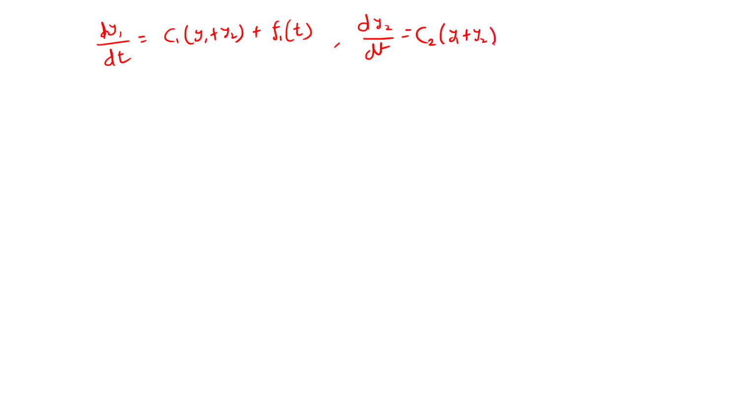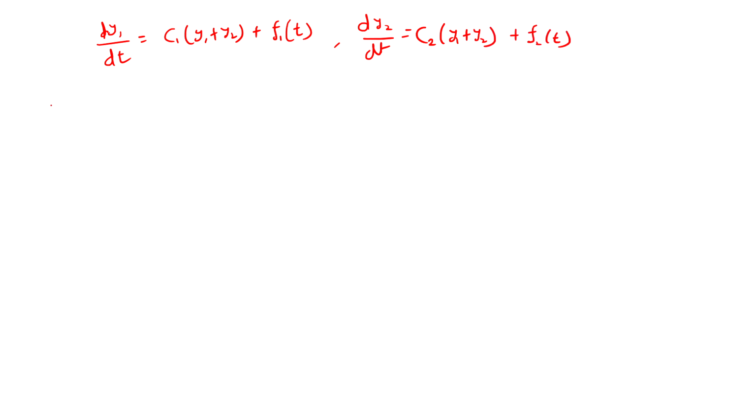The implicit formulation says that the first ODE is dy1/dt = c1 y1 + y2 + f1(t), and the second ODE is dy2/dt = c2 y1 + y2 + f2(t).